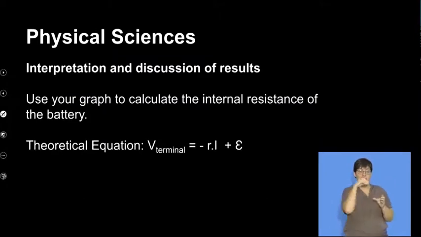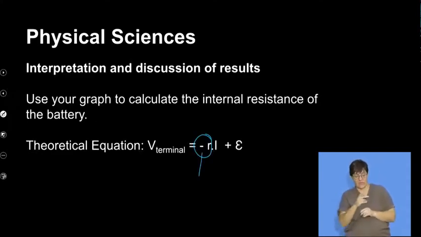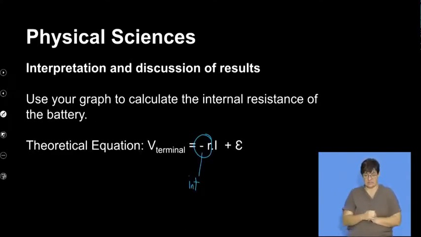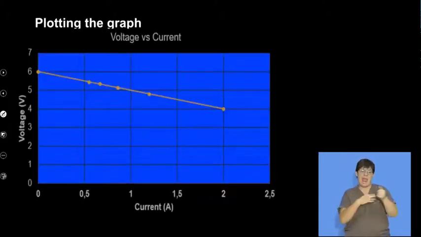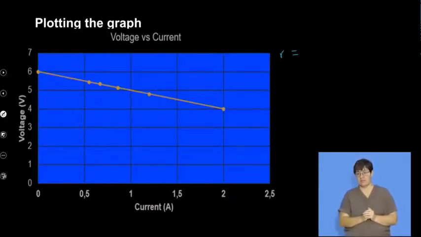Use your graph to calculate the internal resistance of the battery. So we are looking for this negative gradient. That's our internal resistance. If we are to use the graph to do that, we can take any set of values. This negative gradient represents its absolute value, the resistance.